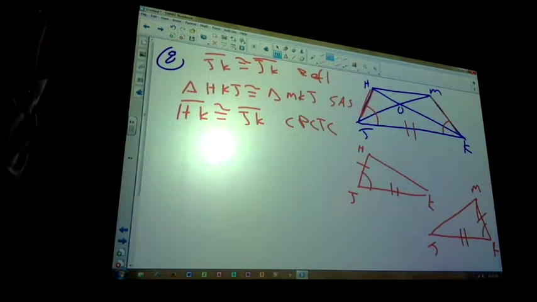HK, JK. Yeah, is there any way you could say OJK? Angle OJK is congruent to OKK because of congruent parts. Instead of doing that, I'm going to say OJ is equal to, CPCTC.